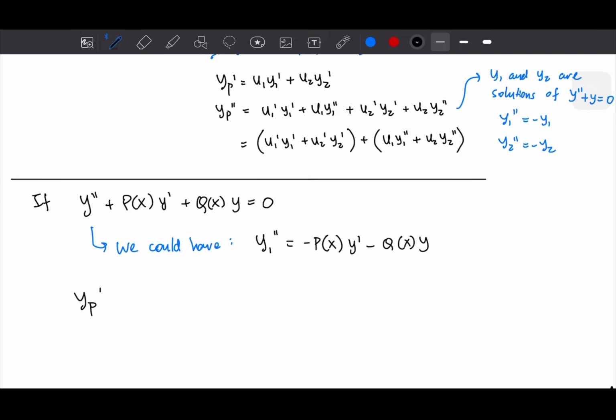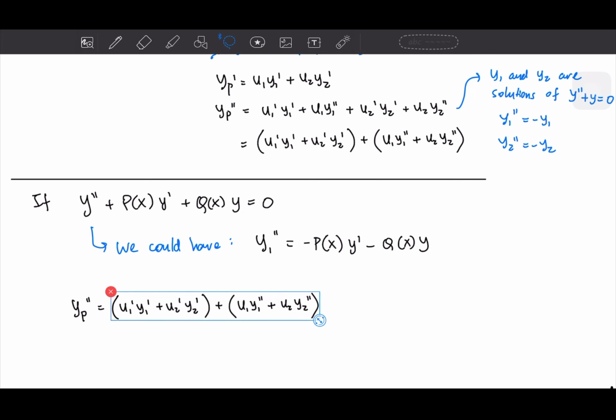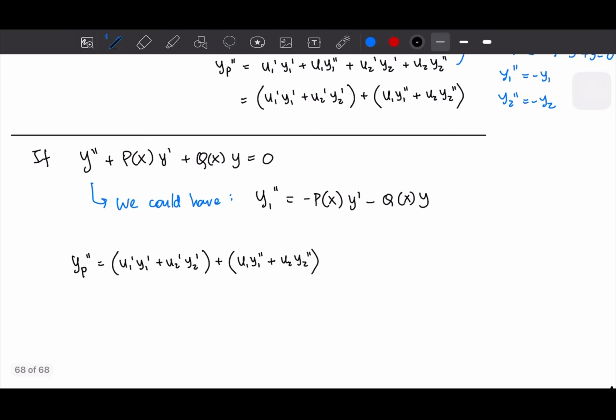So this yp double prime, let me just copy this. And let u1 y1 plus u2 y2 be equal to y.